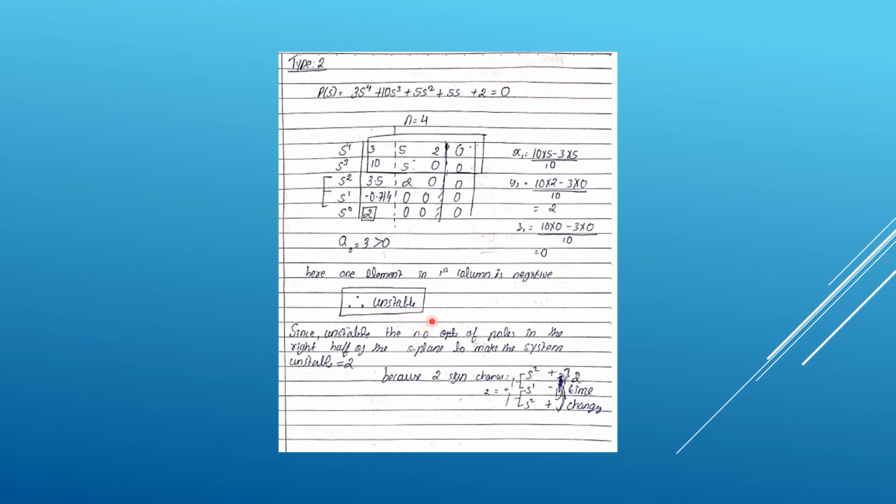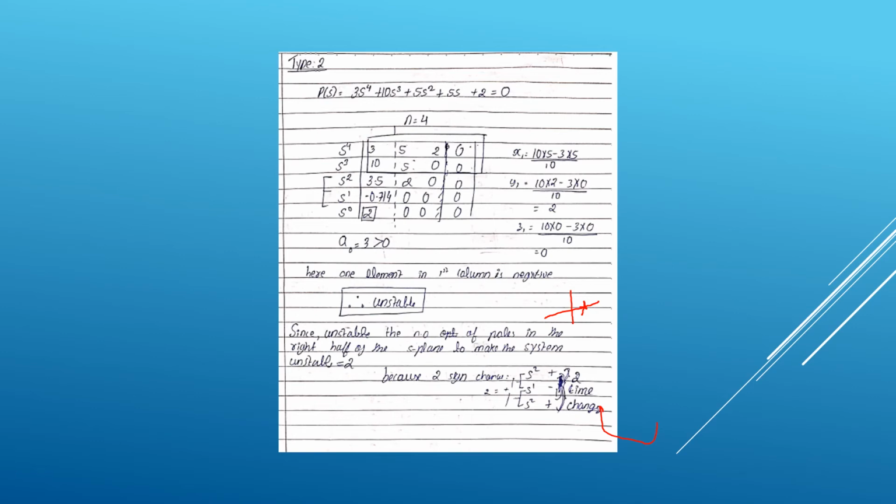Since it is unstable, we need to find the number of poles in the right half of the S-plane. Here, number of poles is equal to number of sign changes.